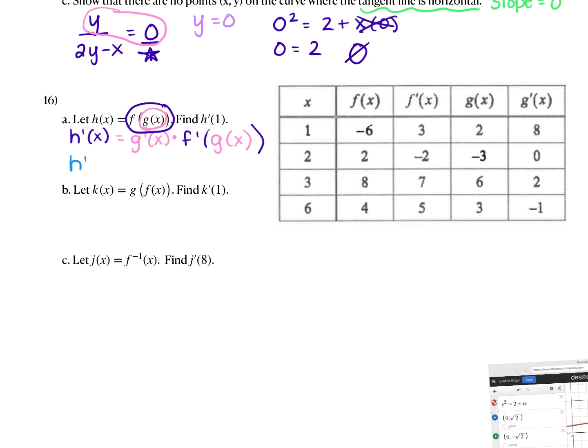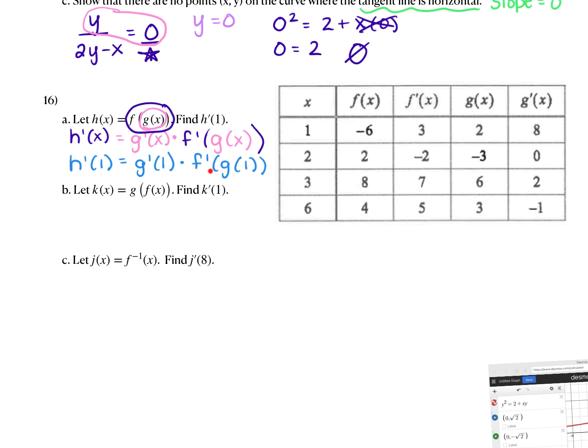So h prime of 1 is going to be equal to g prime of 1 times f prime, be careful here, of g of 1. I want to make this super clear. This is not multiplication. We are not multiplying anything together.